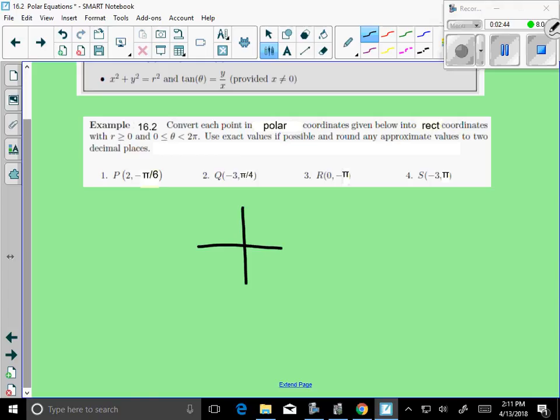So I'm going to extend which way? Left 3, 1, 2, 3, and rotate clockwise or counter? Counter. So I'm going to rotate to here. Okay, if I were to look at this triangle, it would look like such.